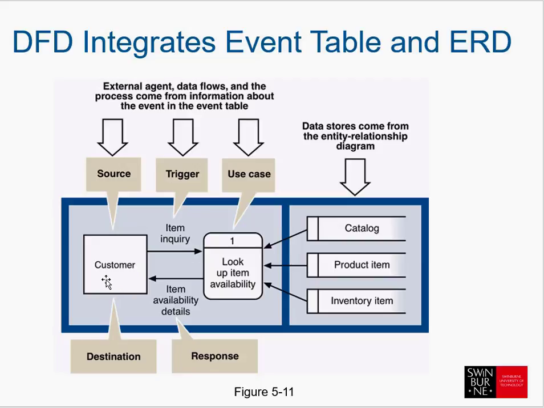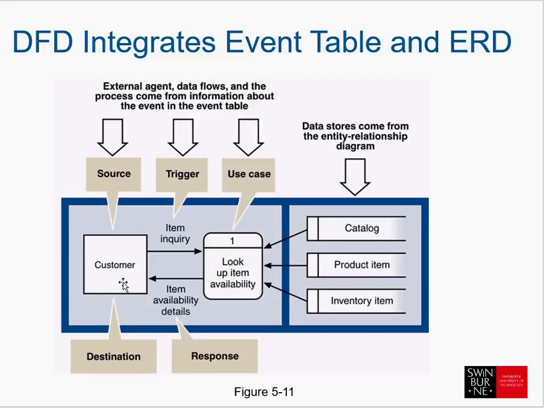So this small fragment shows you all the required information for that particular fragment in our event table. We have the external agent, which is the source, and then the trigger is this information coming in, and then the use case is the process, and then we have the data stores, and then the response goes back to the external agent.